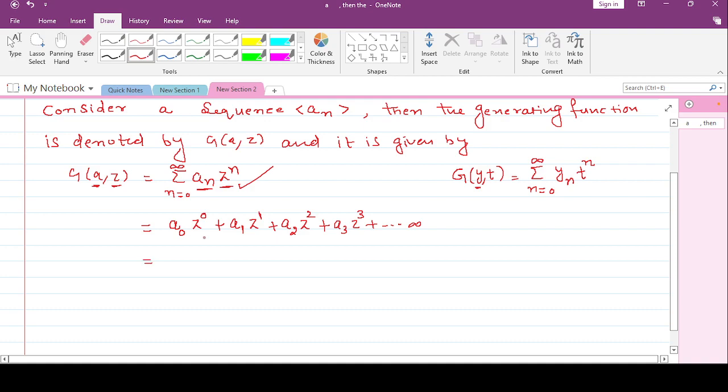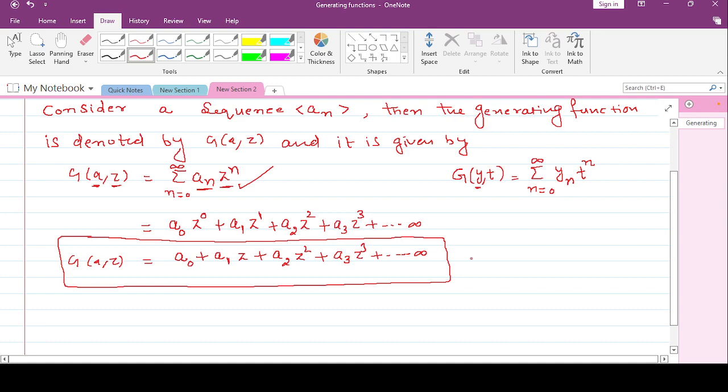Anything raised to the power 0 is 1, so it is a0 plus a1 z plus a2 z square plus a3 z cube, and so on up to infinity. So in the expanded form, the generating function is expressed like this. Remember this expression.